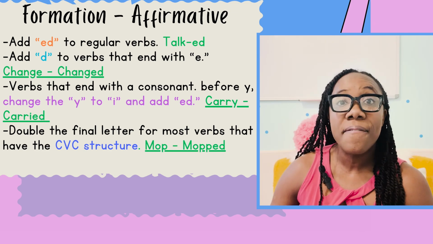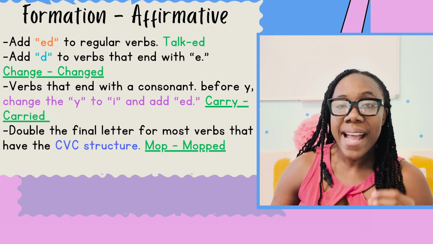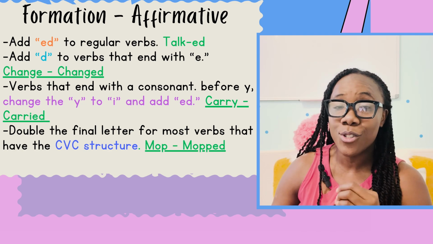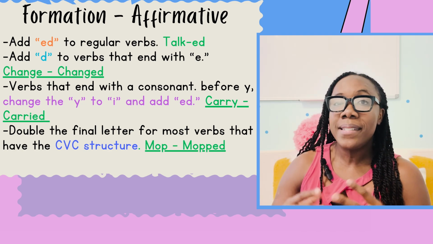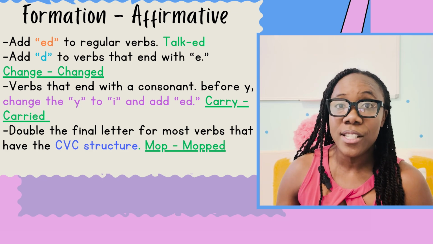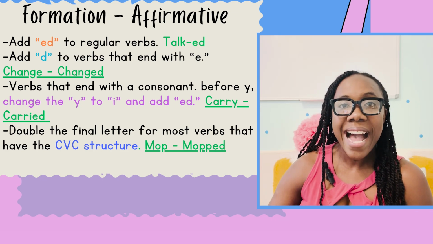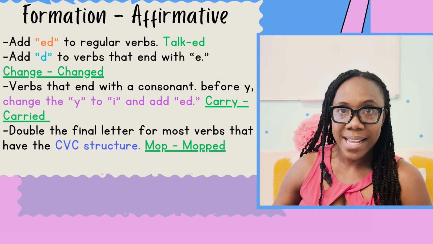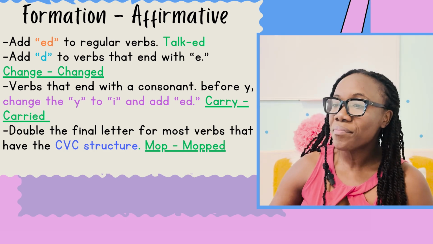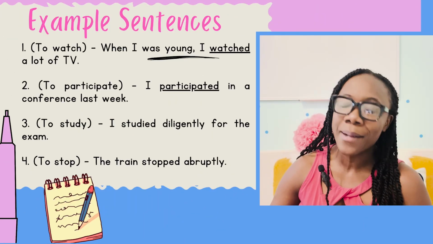We double the final letter for verbs that have that CVC structure. And again, to establish whether the verb has the CVC structure, we look at the last 3 letters in the verb. Okay? Hopefully that was crystal clear.